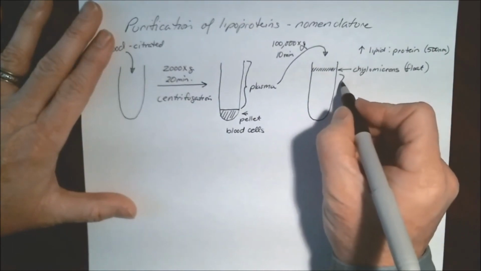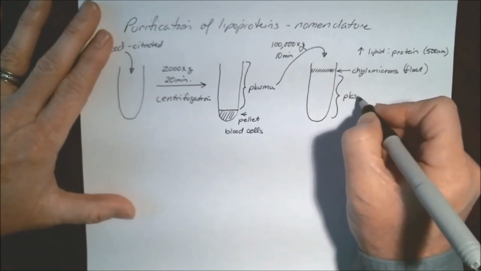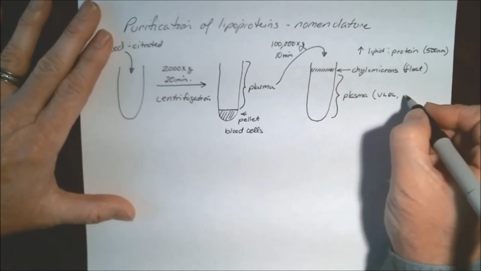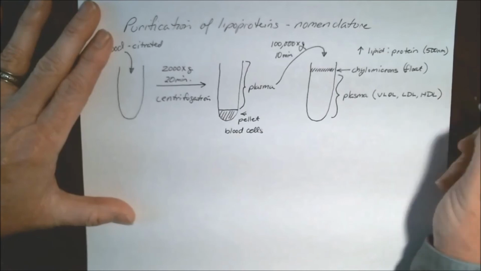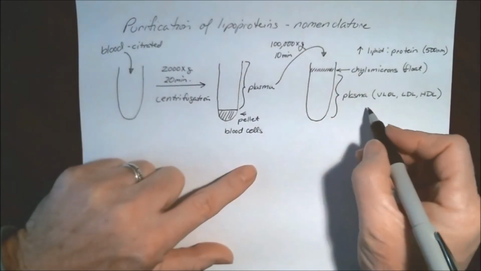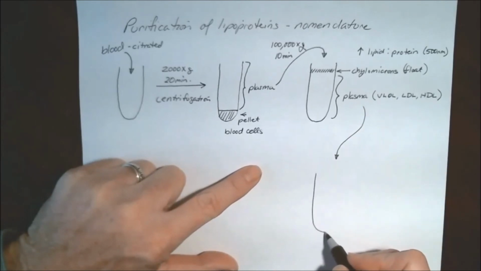Now, the remaining plasma material is going to contain our VLDL, our LDL, and our HDL. So in order to separate these, we are going to put these onto another tube.